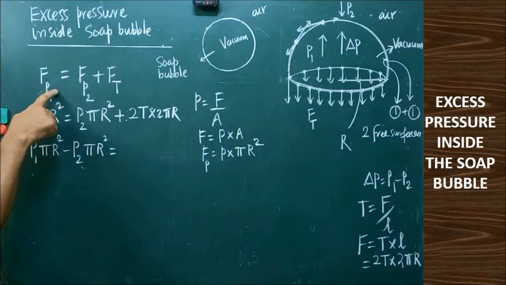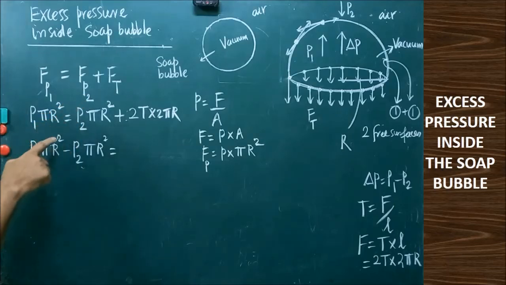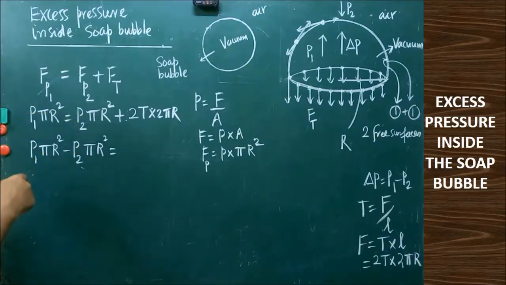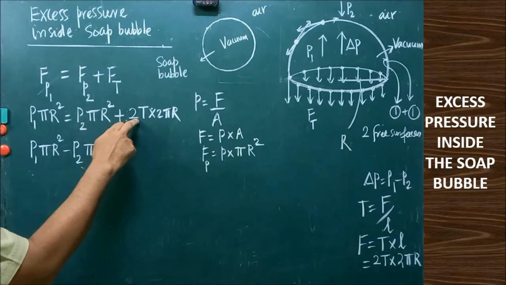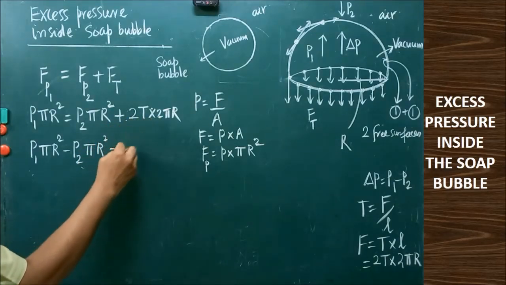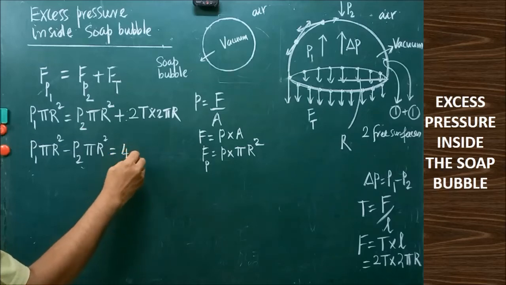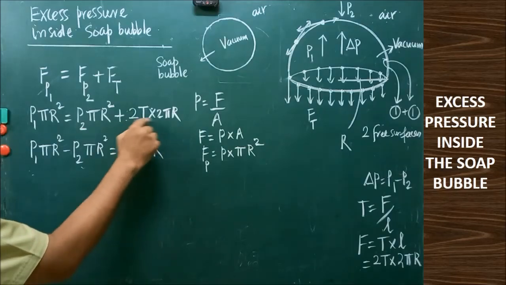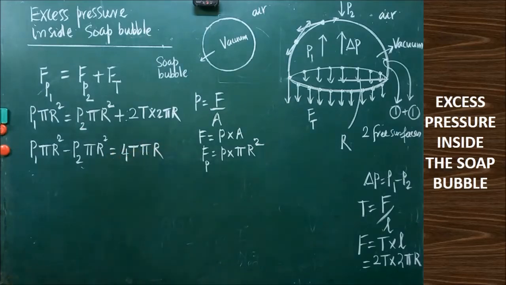The force due to pressure P1 and force due to pressure P2, all those derivations were already taught, all are written here. Are you clear? And then all the factors are brought to this side. Now this is the only factor that is left out on the RHS. So 2 into 2, 4, are you clear? T, pi, R. So this is the factor which is available on the other side.